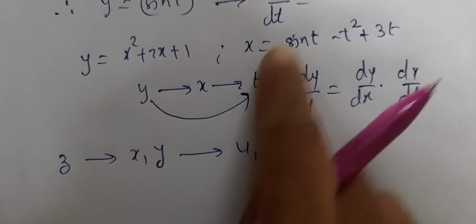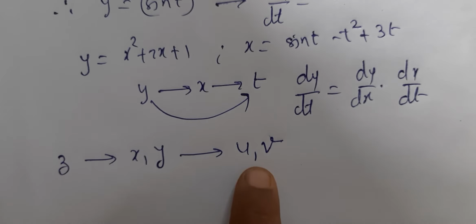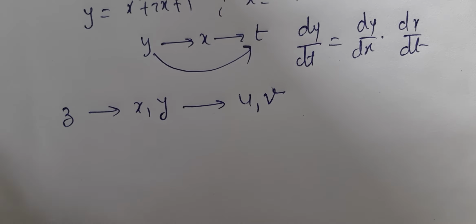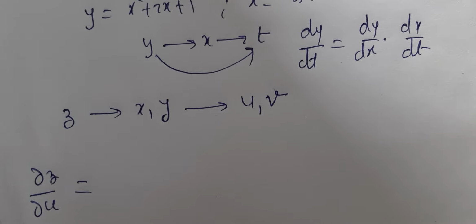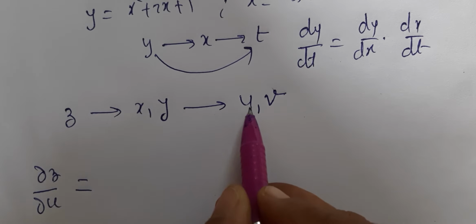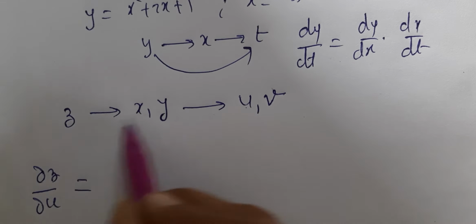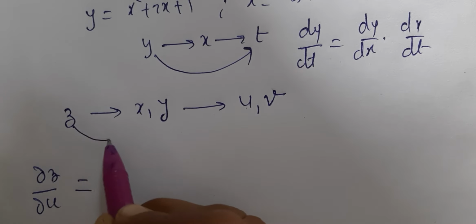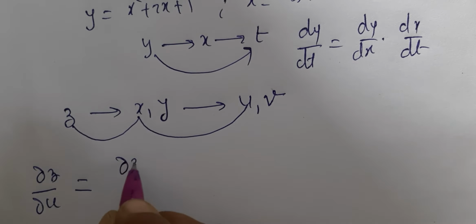Just like this we can find the derivative of z with respect to u. How can it be found? See, when I want to find now del z by del u, see properly, z is a function of u, but it is via x. So I have del z by del u will be del z by del x into del x by del u.